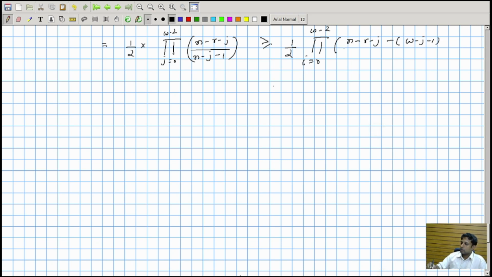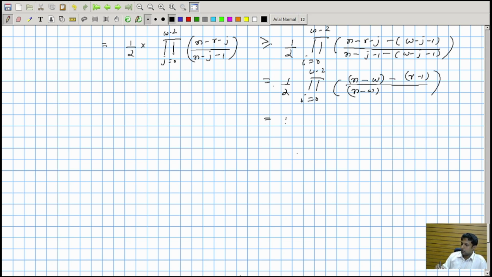So W minus J minus 1 you subtract from both denominator and numerator, N minus J minus 1 minus W minus J minus 1. So that's going to be equal to half into the product, I going from 0 to W minus 2, N minus W minus R minus 1 divided by, the denominator is going to be N minus W. So this is half into the product, I going from 0 to W minus 2, 1 minus R minus 1 by N minus W.